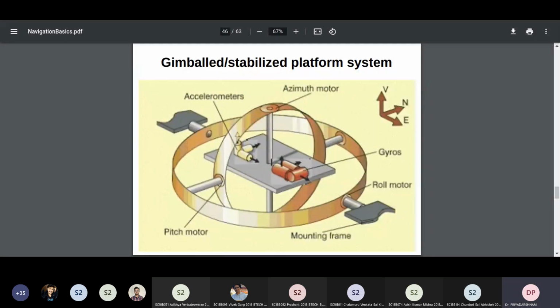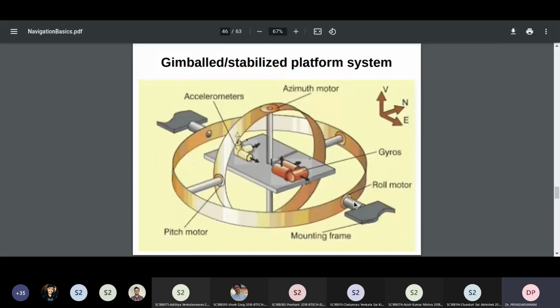You imagine a series of gimbals. The black object which I am indicating with my mouse is the mounting frame. That means this object is mounted on the body. Don't worry about the motors now.